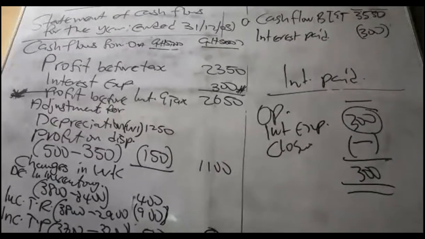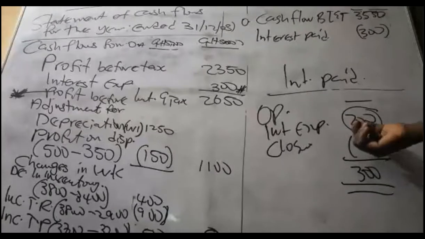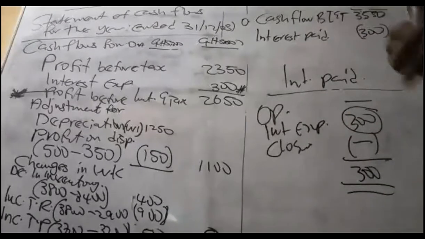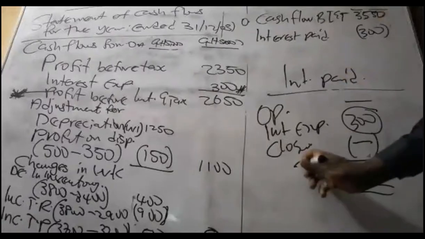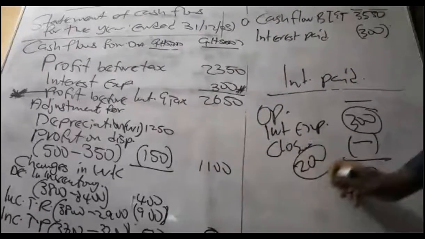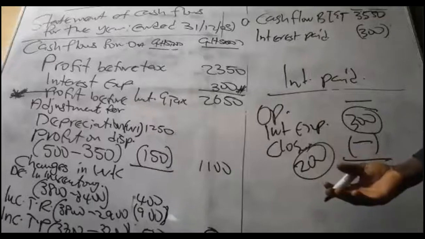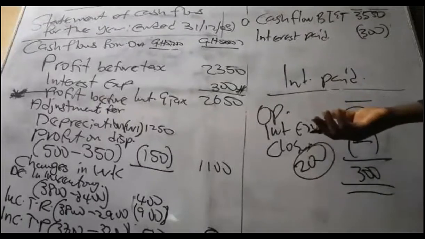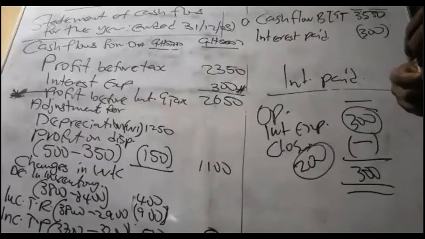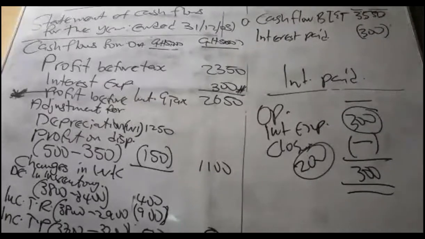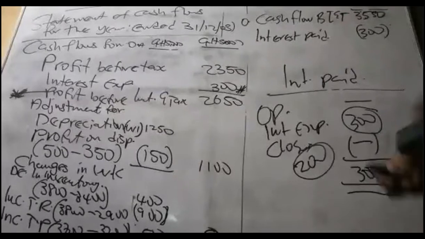And once we have used the 300, the increment has been factored in already. If they are still stating it at 200, that's why you have to calculate additional interest and charge it accordingly. Great. So that is the interest paid.